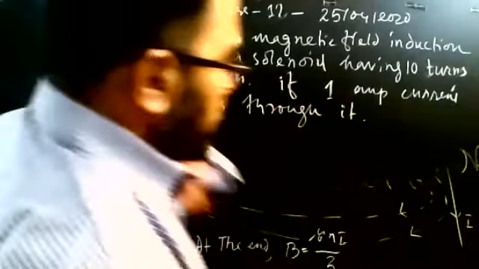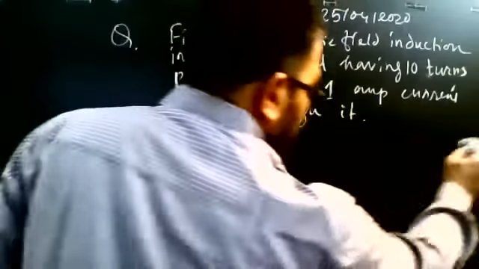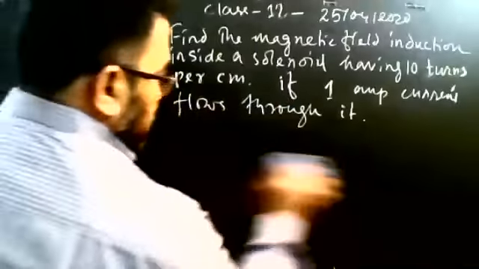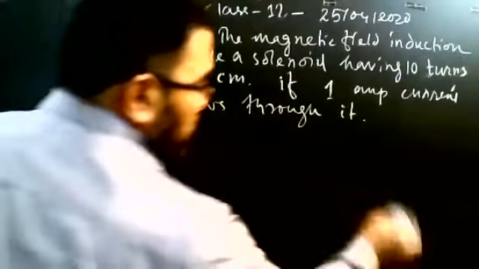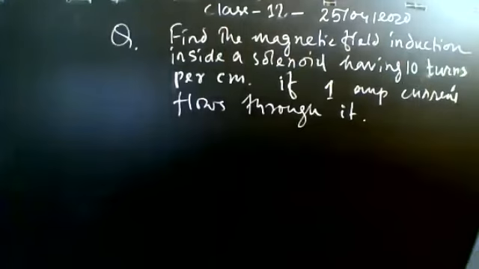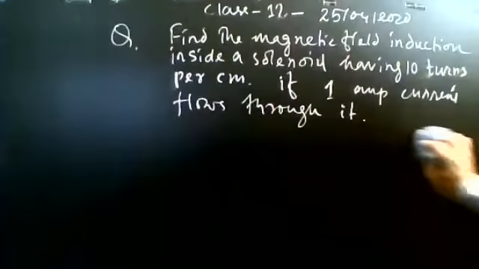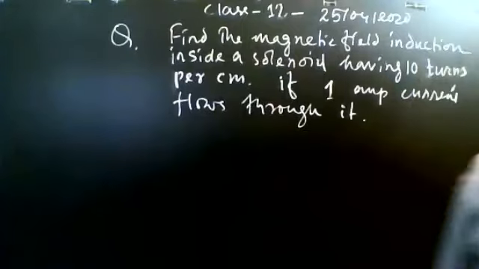So the question is: when 1 ampere current flows through the solenoid having 10 turns per centimeter, what will be the magnetic field inside the solenoid?